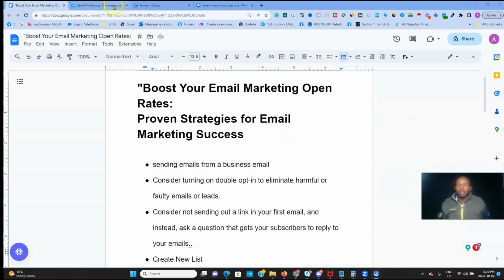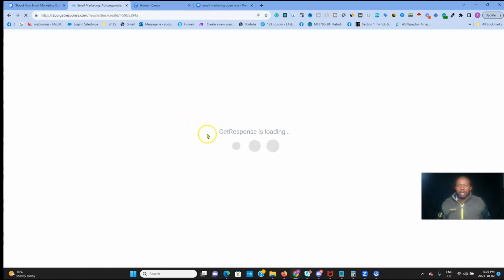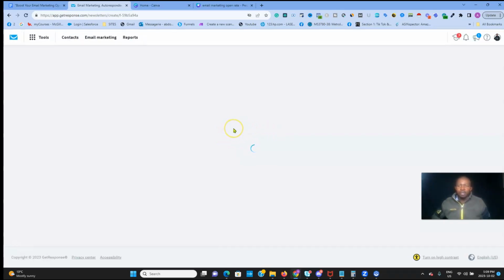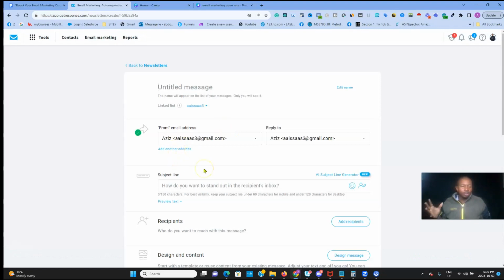Whenever you are using a Gmail account or Yahoo, anything that is not professional email, the probability for this email to go to the promotion folder or in spam is very high. So basically it will decrease your open rate.